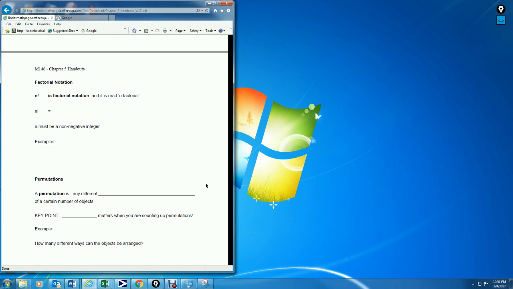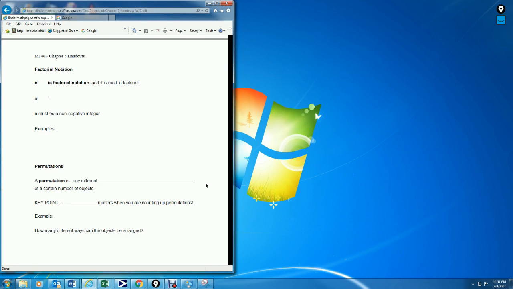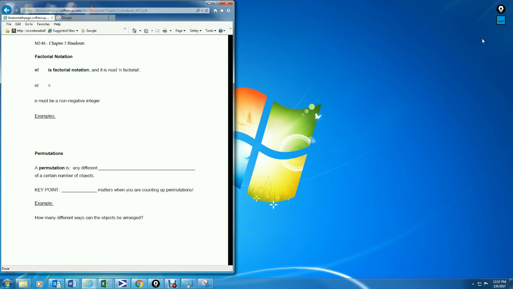And before we get into permutations or combinations, we have to discuss factorial notation. So this is just a mathematical notation. It is written like this, n exclamation point. That is how you write factorial notation, and you say it as n factorial.